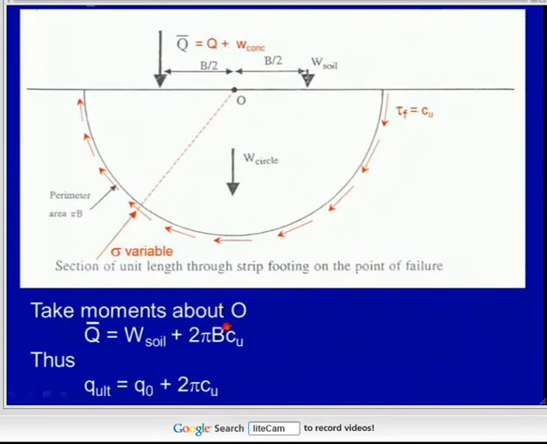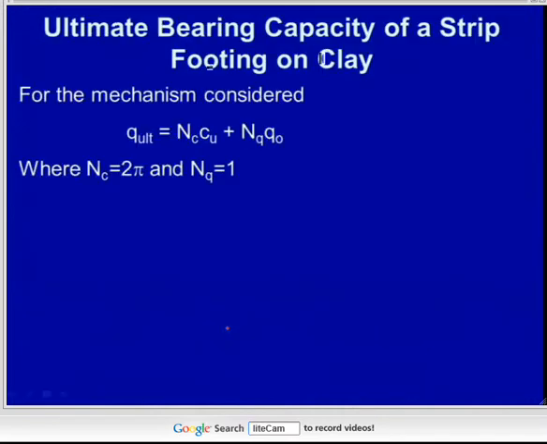OK. I want you to just take a look at that equation. What we got is the ultimate bearing pressure is equal to the surcharge pressure at foundation level, i.e. the weight of the soil acting at foundation level, plus a number, 2 pi, times the strength Cu. So, I want to write it in this form here.